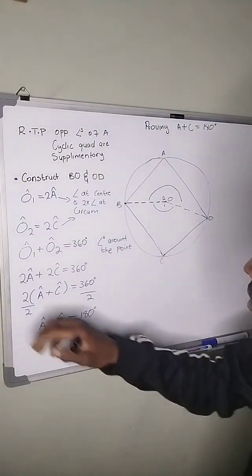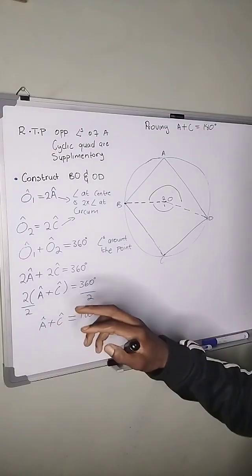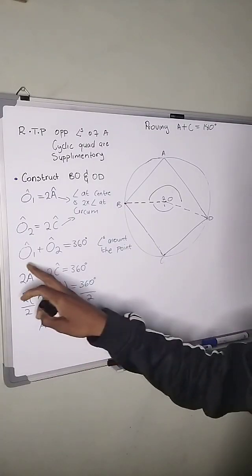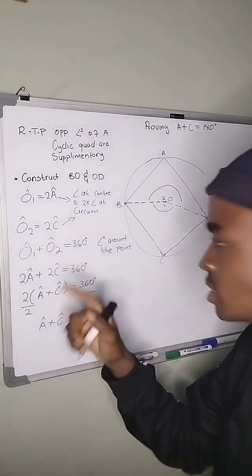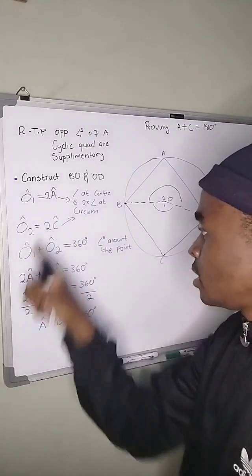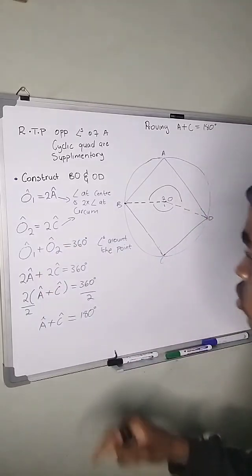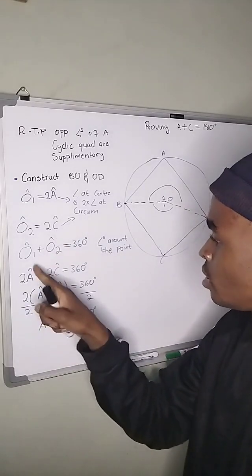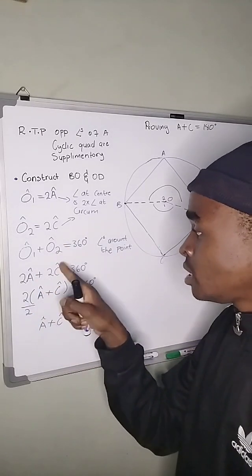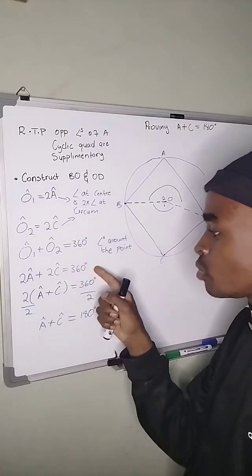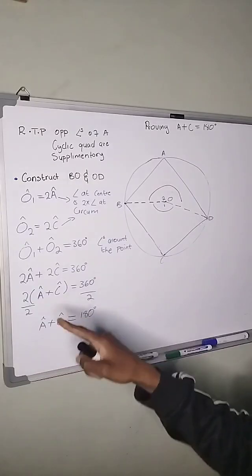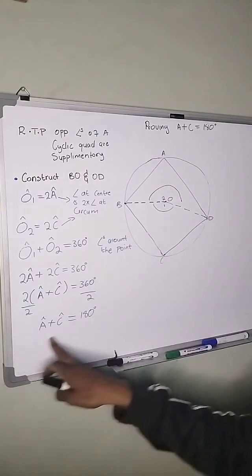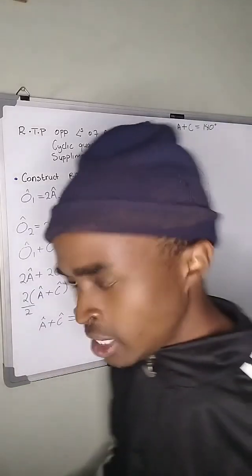So now, since O1 plus O2 is equal to 360, we can substitute O1 with that and O2 with that. So we are going to have 2A plus 2C, both of them equal to 360. We take out a common factor of 2, divide by 2 on both sides, and you're going to have A plus C equal to 180.